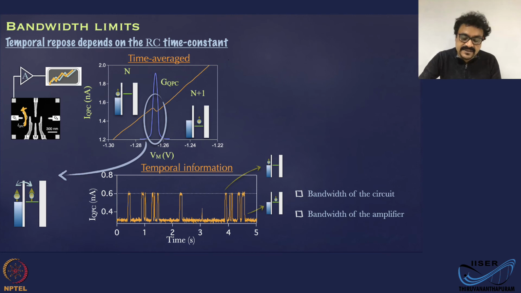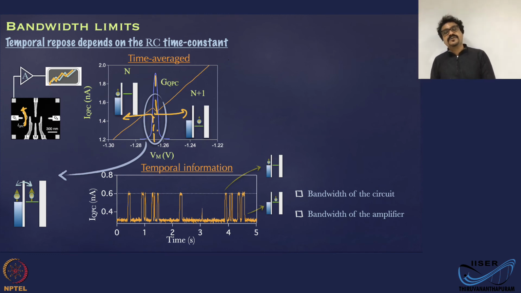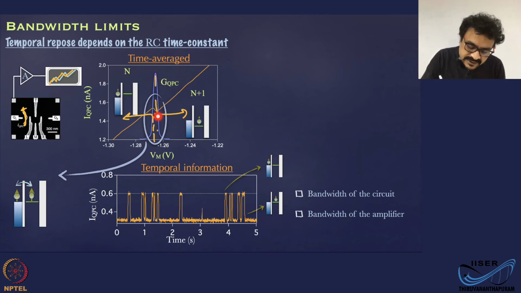For example, in this case, this is the conductance, and on this side of the gate voltage, you can say that the electron is inside, whereas on this side of the gate voltage, you can say the electron is outside. So here the electron is inside, you have n plus 1 electrons. Here the electron is outside, you have n electrons. Okay, and at this gate voltage, what we are saying is that these two states are degenerate, or this tunneling process happens.